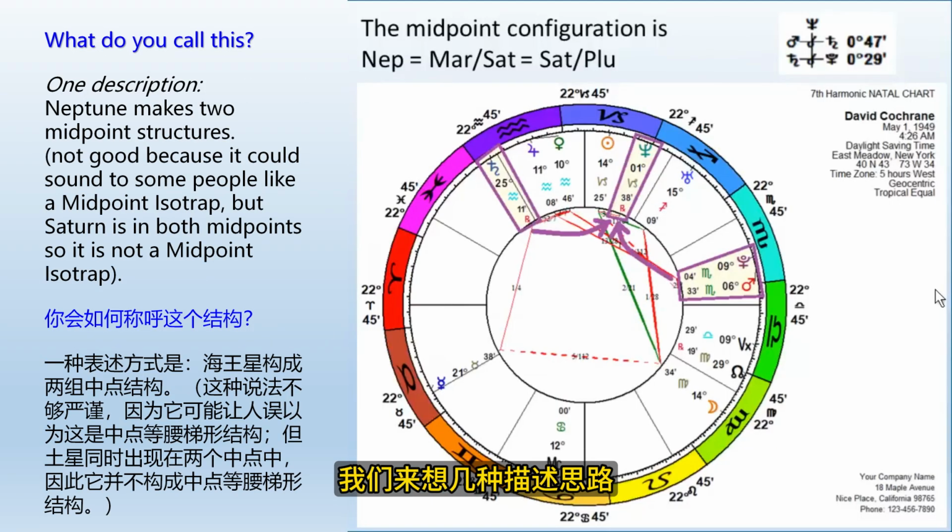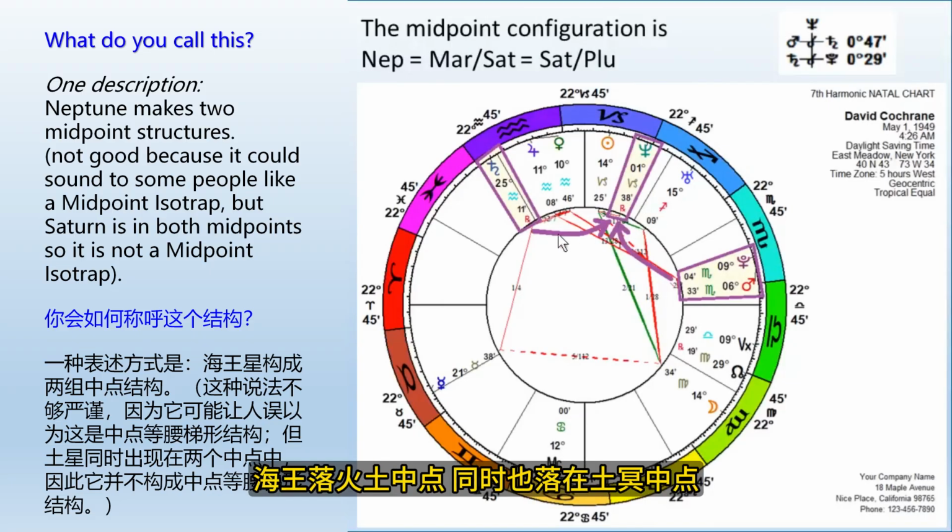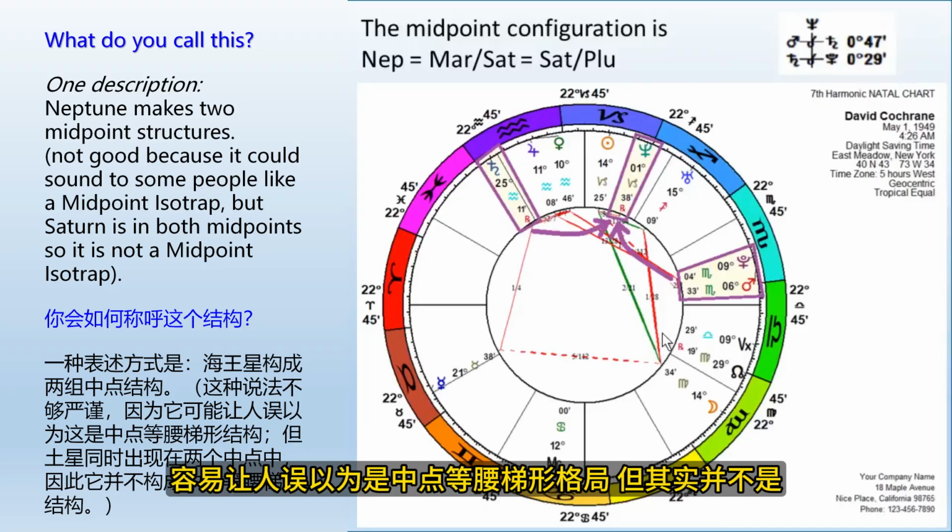Let's see some ideas. So one idea, and here's the actual configuration: Neptune is at the Mars-Saturn midpoint and the Saturn-Pluto midpoint. Well, you could say, first of all, Neptune makes 2 midpoint structures. Well, it does, but if you just say that and you don't say any more, a person might think it's a midpoint isotrap, and it isn't.